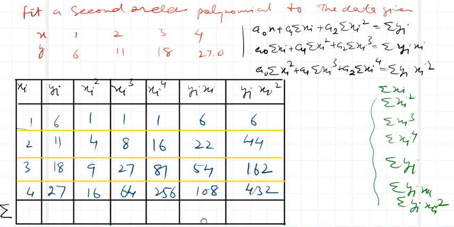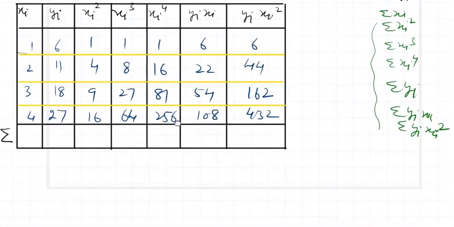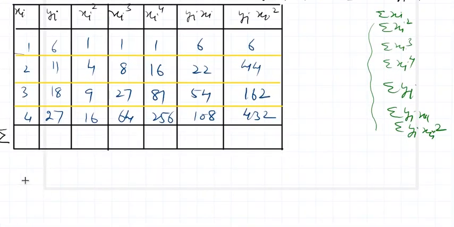Let me find out their sum, because here I am interested in their summation. So it is 10, 62, 30, 100, 354, 190, and 644.